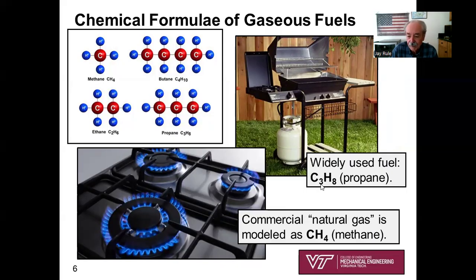Pretty simple. M is 3 and N is 8. Typically, we model natural gas that comes up out of the ground as mostly CH4, methane. That's the way we mechanical engineers will model a natural gas that you see burning on your stovetop if you have a gas stove.